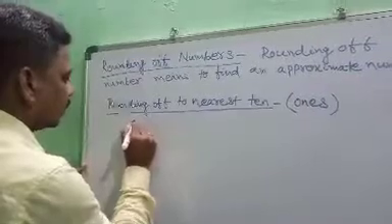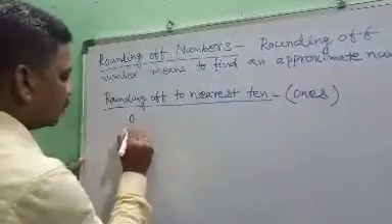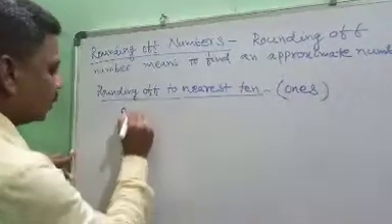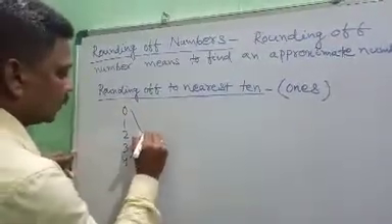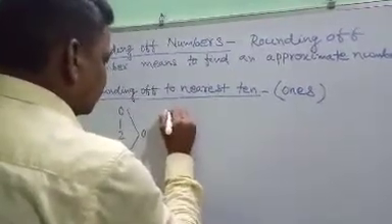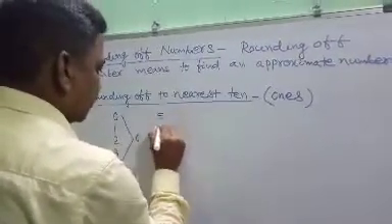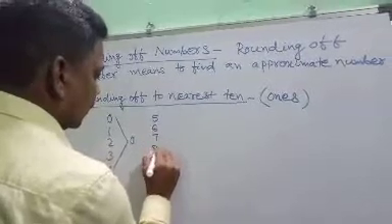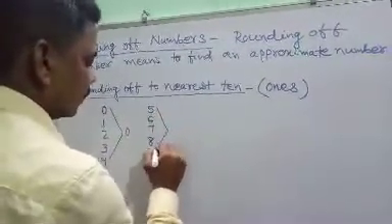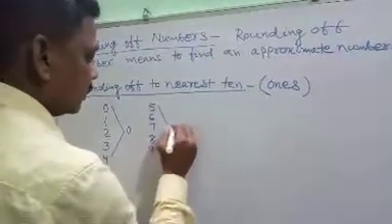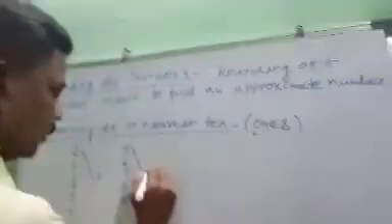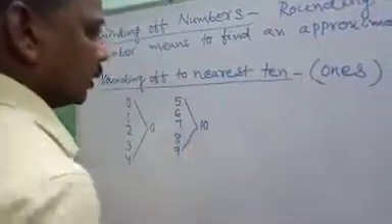So 0, 1, 2, 3, 4 in the ones place, its value will be 0. If 5, 6, 7, 8 and 9 is in the ones place, it will become 10.